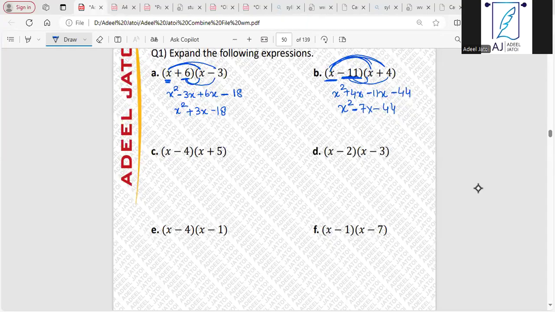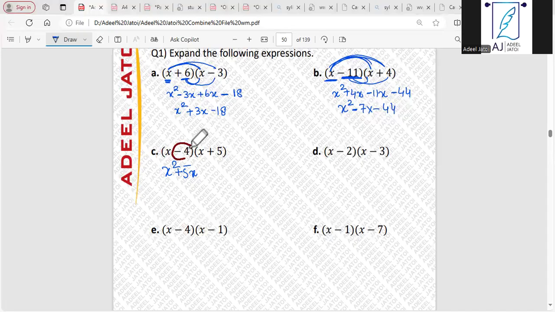So knowing the fact that x multiplied by x is x square. Similarly, x multiplied by 5 is 5x.